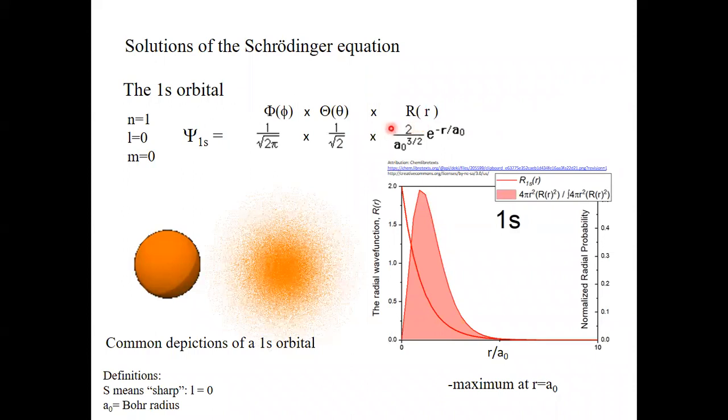You see that the radial part of the wave function is an exponential function. It has the form e, the Euler number, to the power of minus r over a0. r is nothing else but the distance of a point from the origin, which is the center of the atom, and a0 is the so-called Bohr radius.